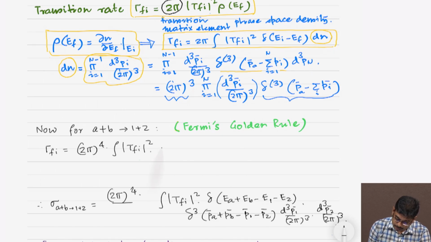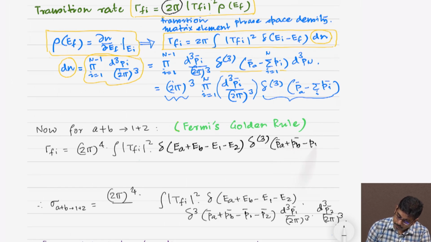We have this delta of Ei minus Ef, which we can say Ea plus Eb minus E1 minus E2, right, into delta cube of Pa plus Pb minus P1 minus P2.